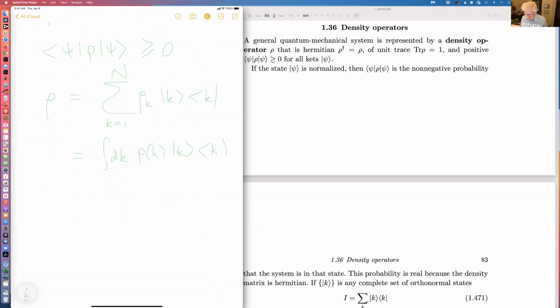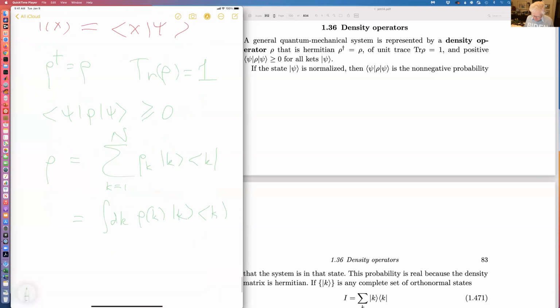And so the statement that the trace of rho is equal to 1 is just the statement that the trace of this sum of rho k, k, k is 1, and this is just the sum of all the rho k's.